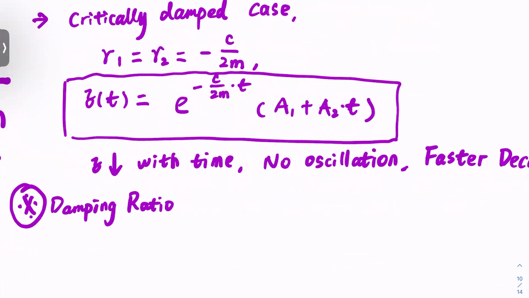So damping ratio, in this class, I'm gonna use D, capital D. And in a lot of other textbooks, you would see a Greek letter, like zeta.